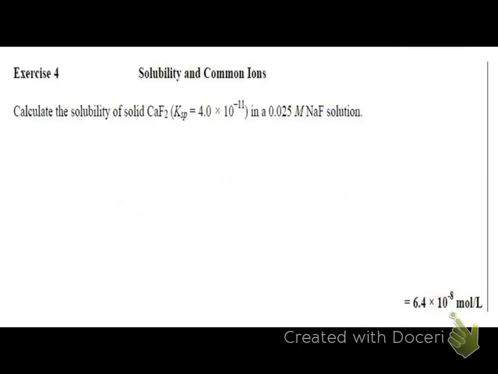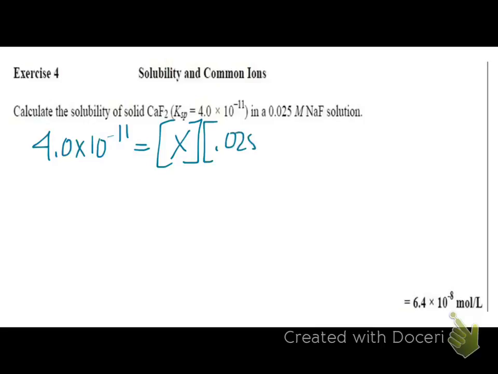Okay. So that brings us to the fact that we would have 4.0 times 10 to the negative 11 equal to x plus 0.025 to the second power. We can't drop that x because that's the only value we have. So when we do that math, we get that x is approximately 6.4 times 10 to the negative 8 moles per liter.